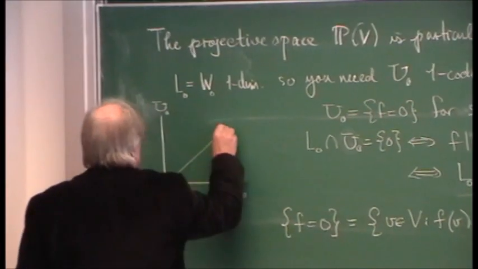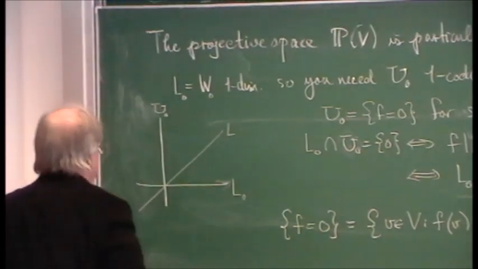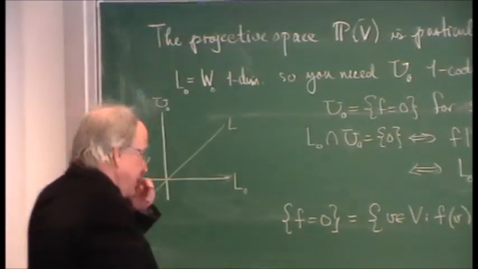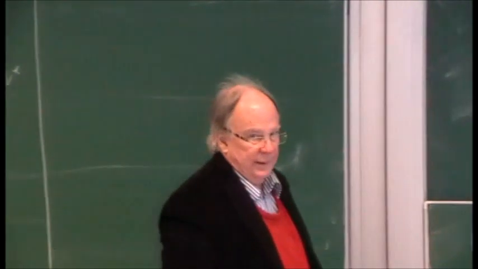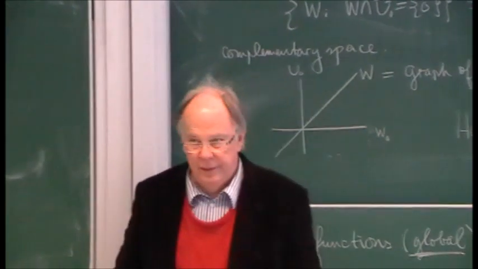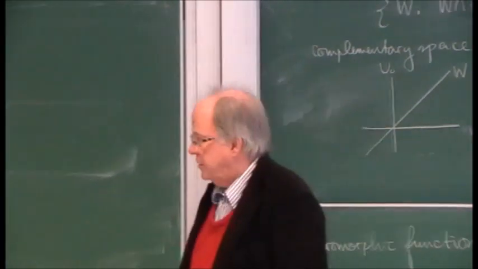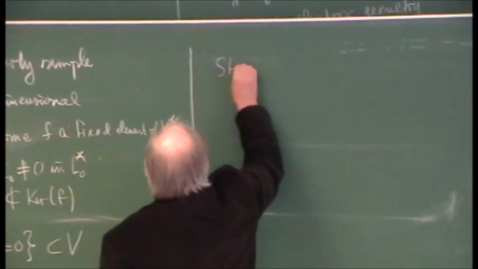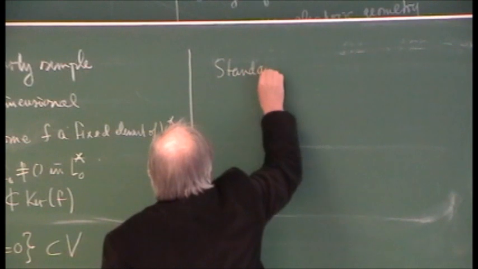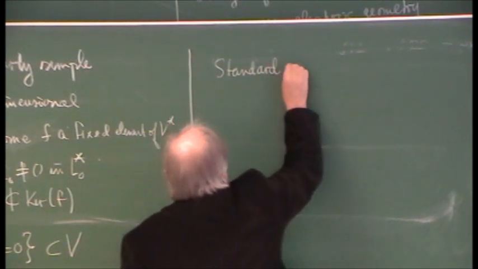We're looking at lines here that are not contained in the 0 set. So the standard method is coordinatization via a basis: take a basis and take special sets associated to this basis.